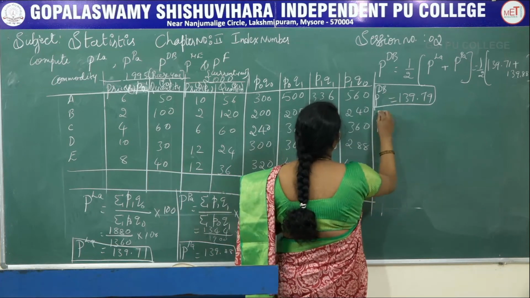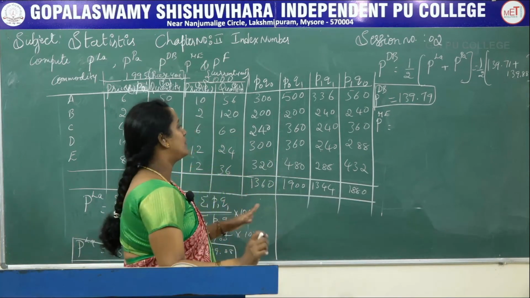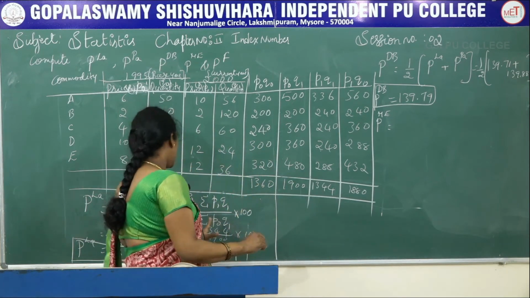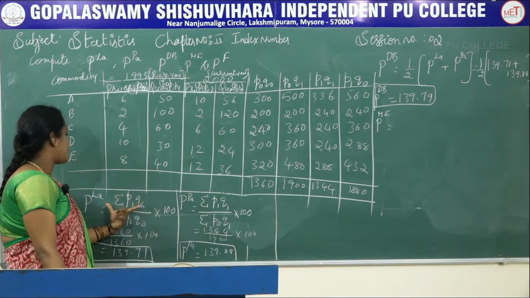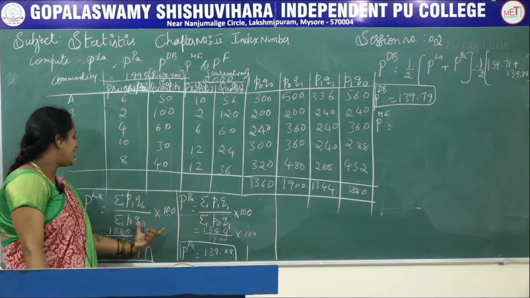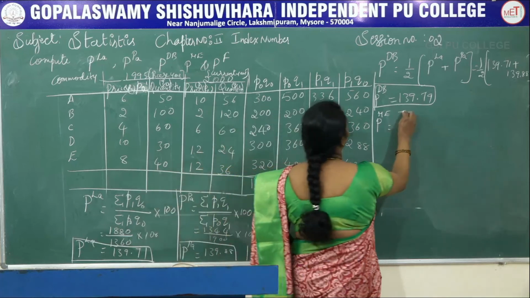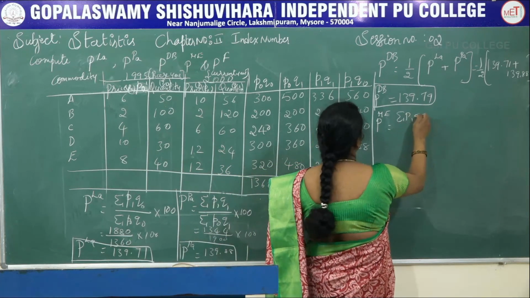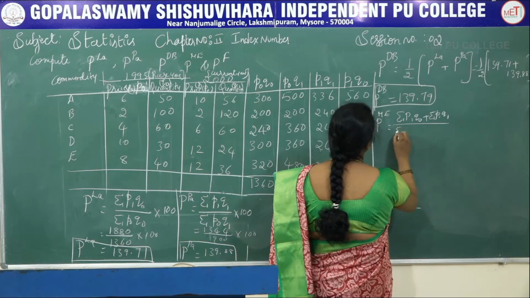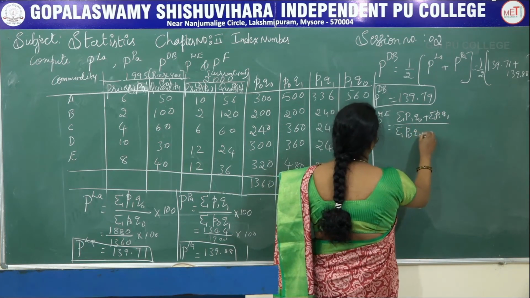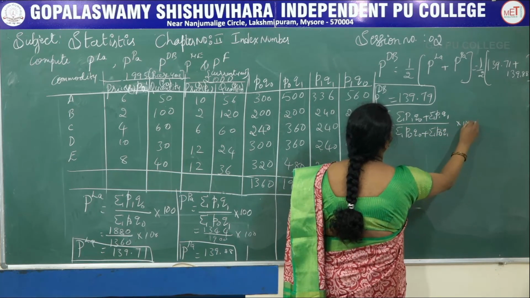Next is Marshall-Edgeworth. To write the formula of Marshall-Edgeworth, we have to add the numerators of Laspeyres and Paasche, and again add the denominators of Laspeyres and Paasche, so that it is summation of P1 Q0 plus summation of P1 Q1 divided by summation of P0 Q0 plus summation of P0 Q1, into 100.